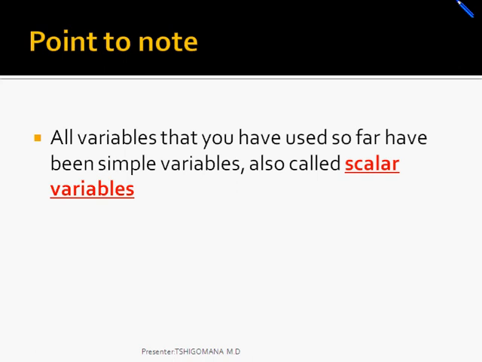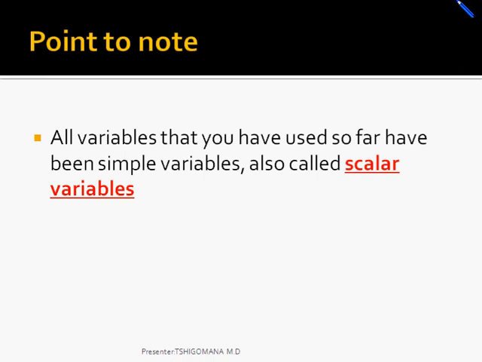If we design a program that will accept the name of a fruit that a student has eaten during break, that is a scalar variable. But if we design a program of the names of all fruits that students are eating during break in grade 10, that becomes an array.